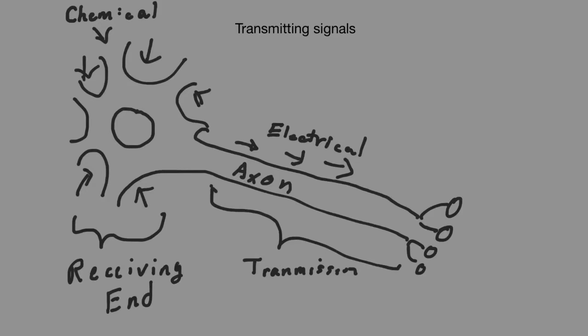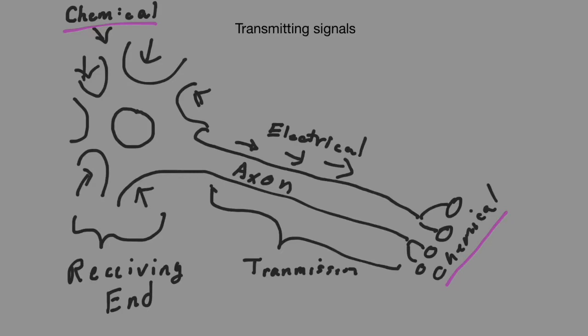Okay, so the chemical signal comes in, and it actually gets converted into an electrical signal. And that electrical signal is going to travel down the axon to the axon terminals, and at the end down here, it becomes chemical again. Okay? So I hope that this makes sense.